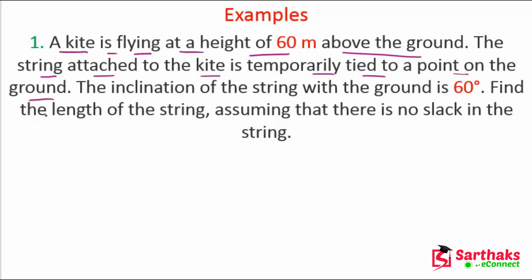The inclination of the string with the ground is 60 degrees. This is the angle of elevation. Find the length of the string, assuming that there is no slack in the string, meaning there is no curve in the string.